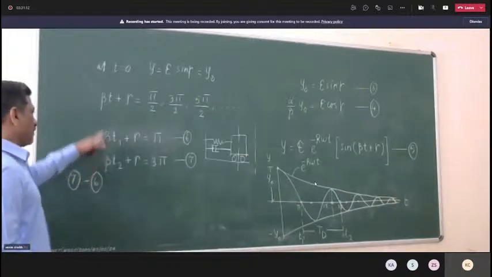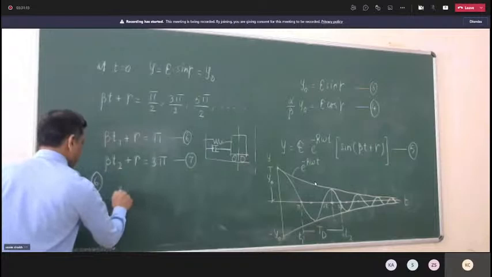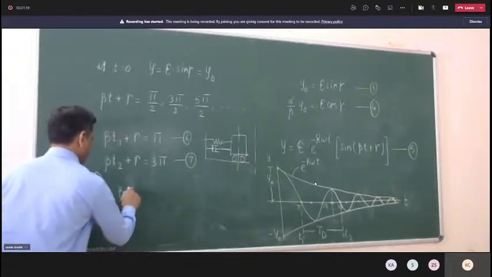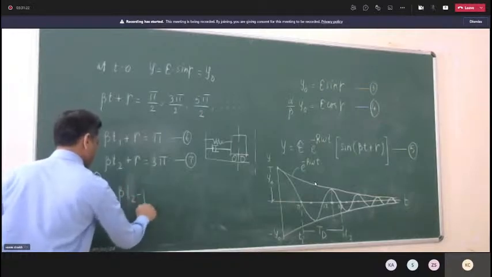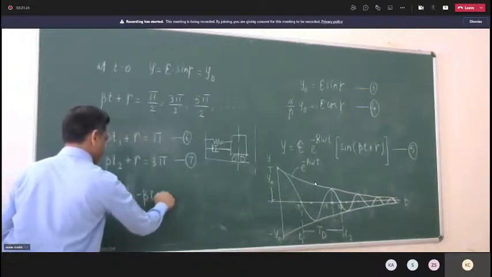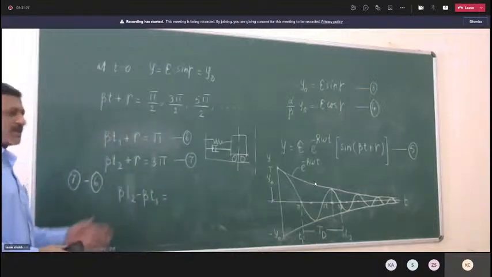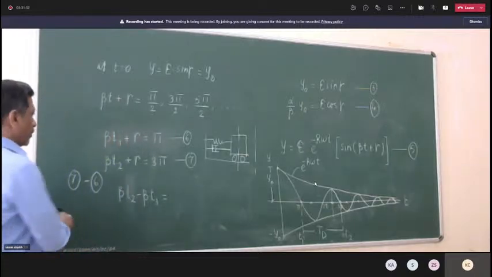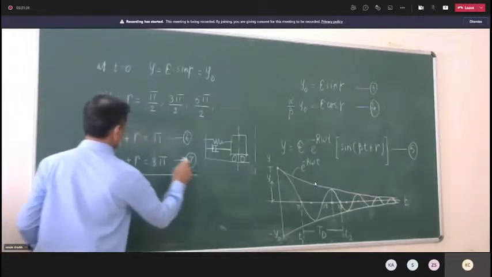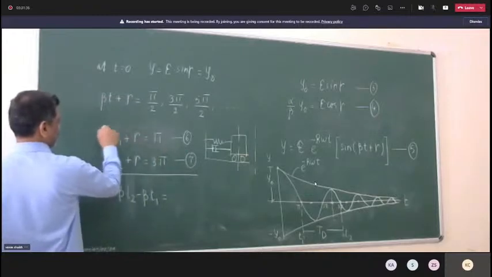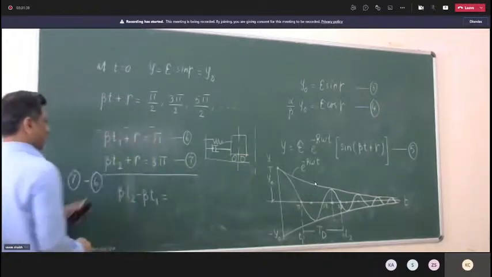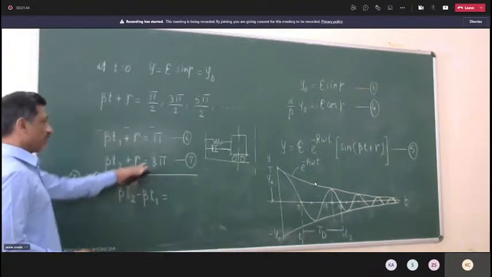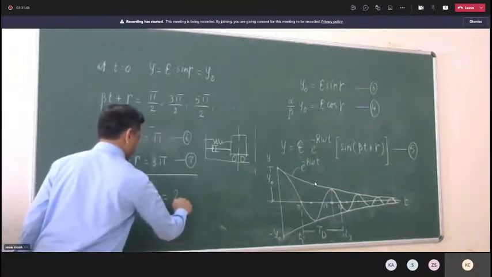Each term will be subtracted. This will be beta T2 minus beta T1. You can subtract left hand side and subtract right hand side. As you are subtracting this equation, this term will be minus, this will be minus, this will be minus. So beta T2 minus beta T1, gamma minus gamma will cancel. 2 pi minus pi is pi.